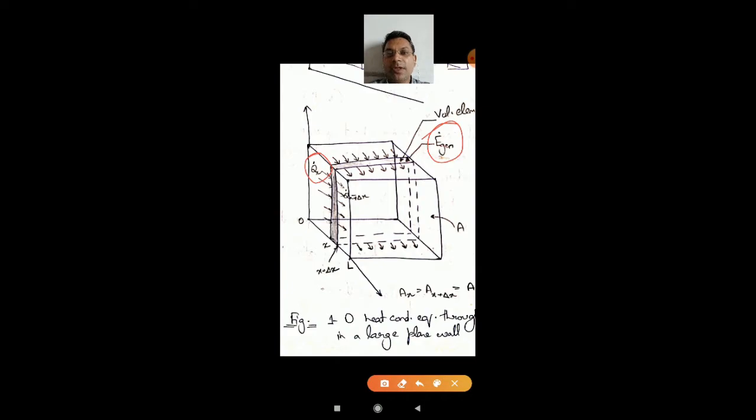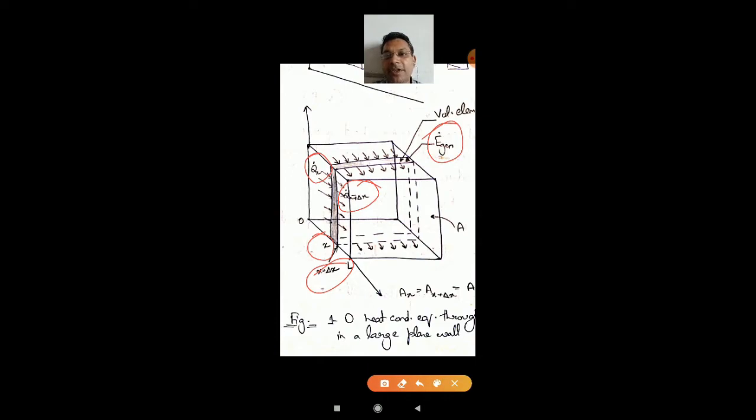That means the volumetric heat generation rate is E dot gen. The heat going out is Qx plus delta x. So why x plus delta x? Just look at the bottom side of the diagram. X is the location where heat is entering, and x plus delta x is the second location, for an elemental thickness of delta x.